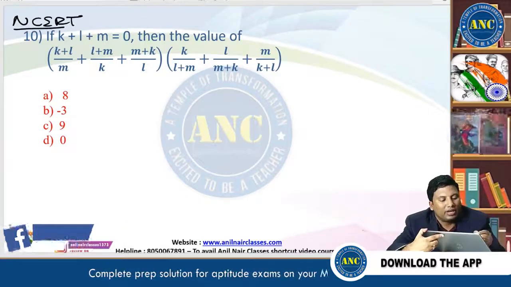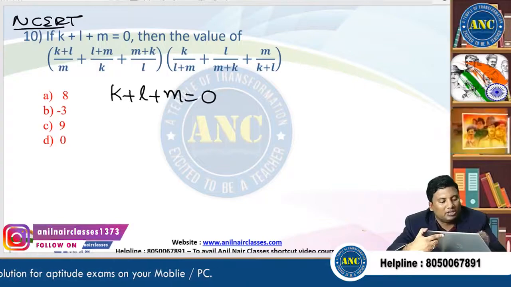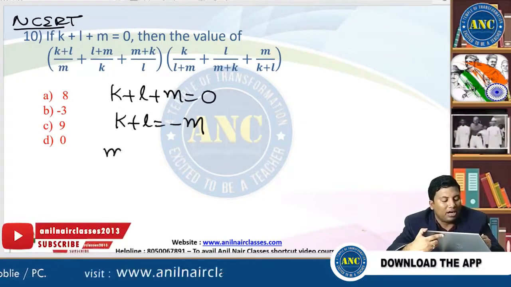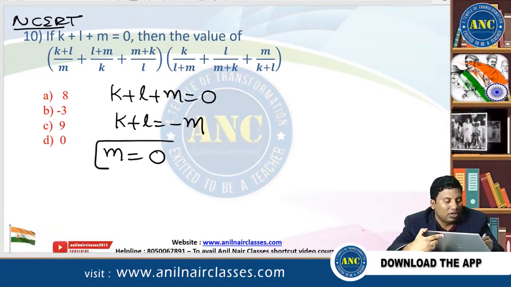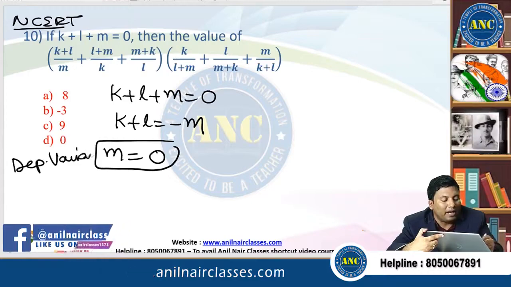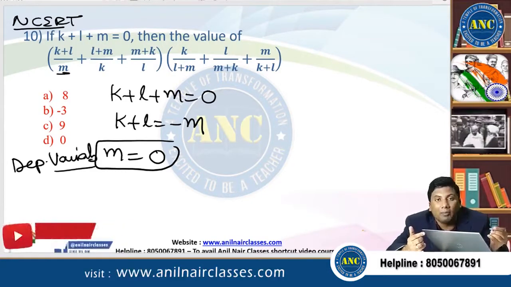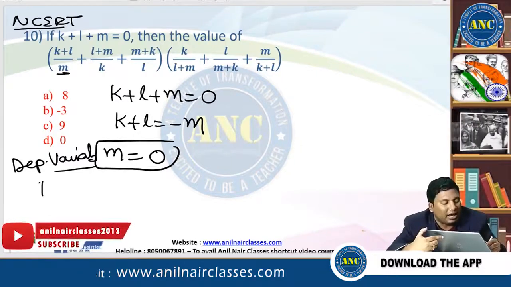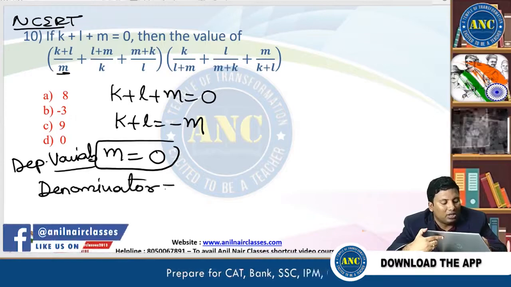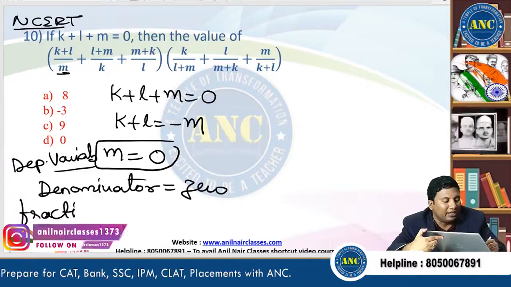If K plus L plus M is 0, K plus L is equivalent to minus M. According to the method, make the dependent variable M 0. But if I make the dependent variable 0, the dependent variable is in the denominator. The denominator cannot be 0. If the denominator is 0, the fraction value is undefined.